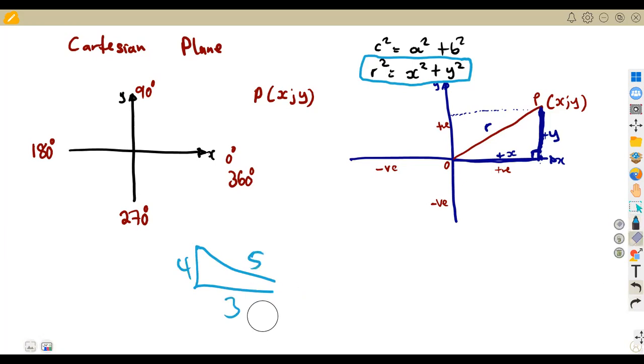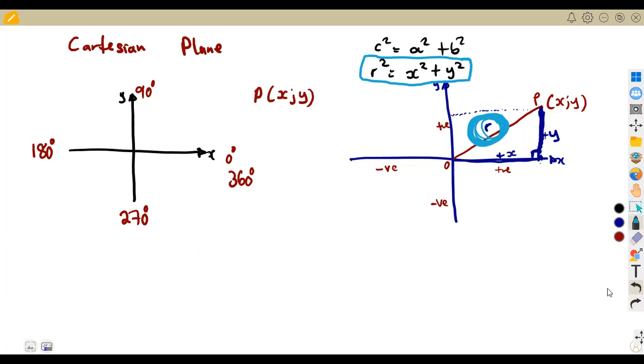But now on a Cartesian plane, because we have the negative side and positive, it means we can also have negative values. The only value that cannot be negative is this resultant, which is the hypotenuse. R is always positive. That is the hypotenuse. We cannot have our hypotenuse as a negative value, all right?